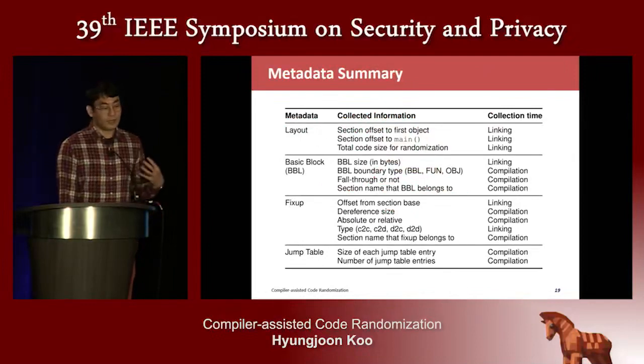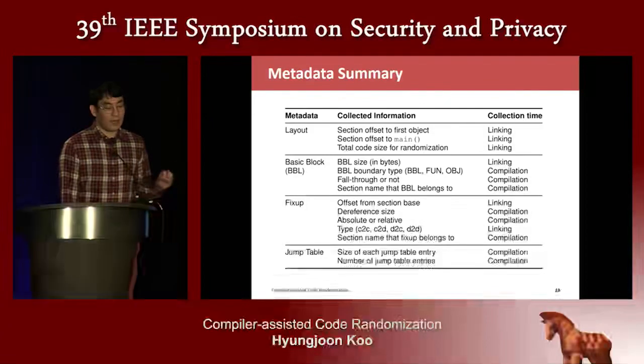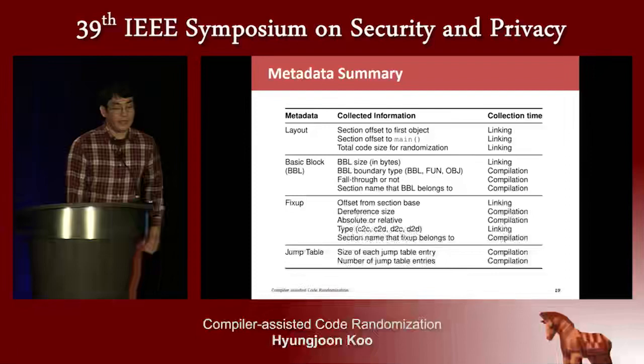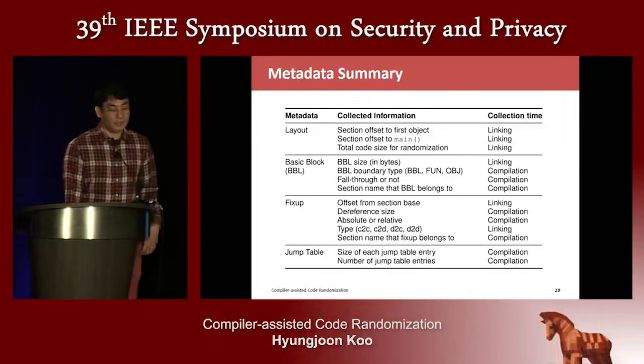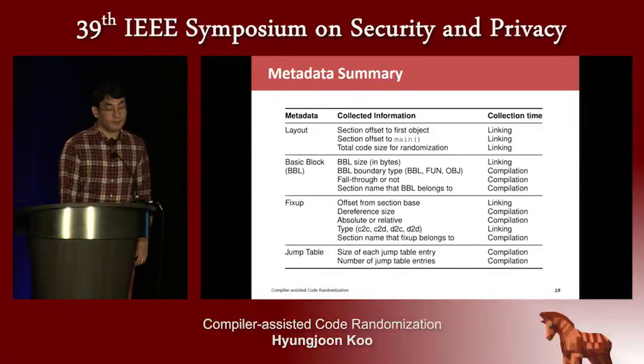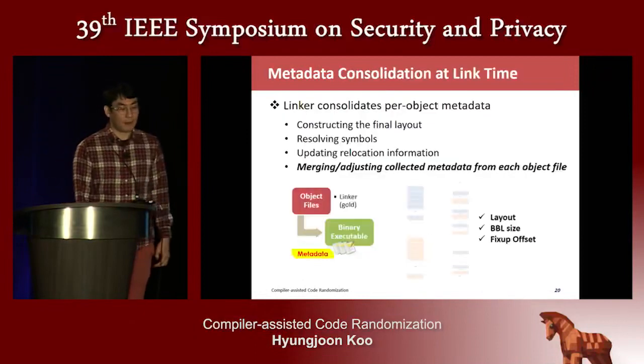We have talked about layout, basic block, and fix-up. Another thing that I'd like to point out is the jump table. The fix-up information has the corresponding jump table information, which includes the size of each jump table entry and the number of jump table entries that could be collected at compilation time.